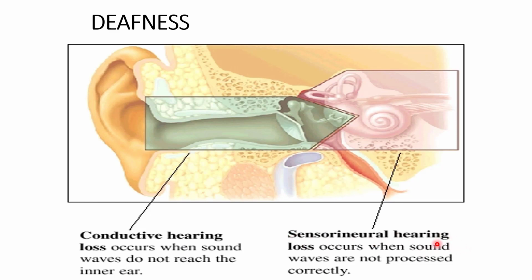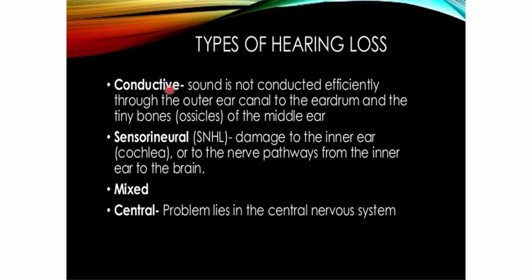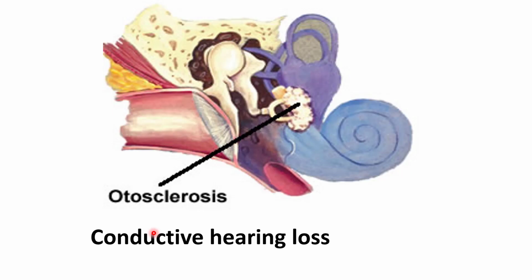That would lead to sensorineural hearing loss. So conductive and sensorineural hearing loss are the two types, and in some patients there might be both, which is called mixed. And central hearing loss is when the problem lies in the central nervous system itself. If the sensory cortex or the hearing areas of the brain are not working properly, some neuronal damage is there, that would be a central hearing loss.